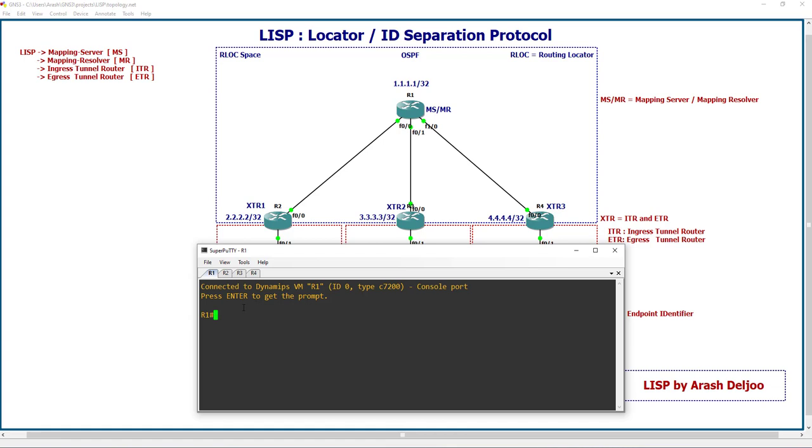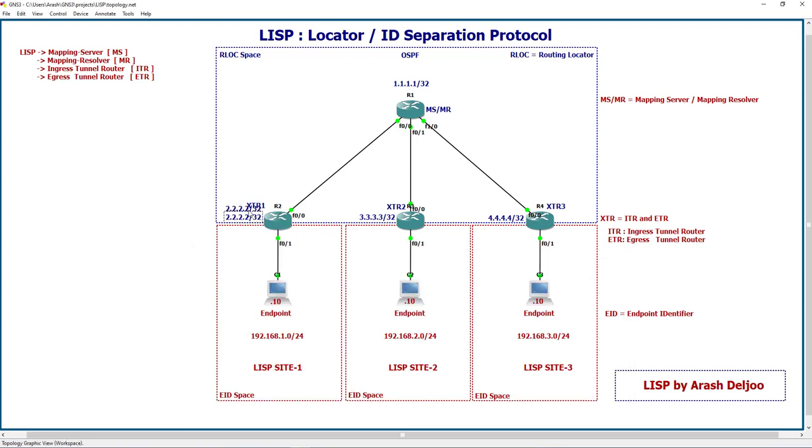Okay, starting from R1. R1 has three interfaces, FastEthernet 0/0. The IP address of this interface is 10.1.2.1, 255.255.255.0. Don't forget, in this scenario, I'm going to use this method of addressing: 10.x.y.0/24, where x is the ID of one router and y is the ID of another router.